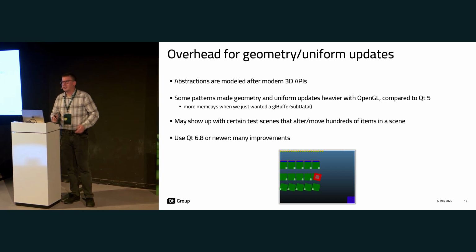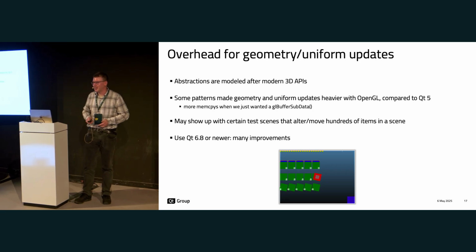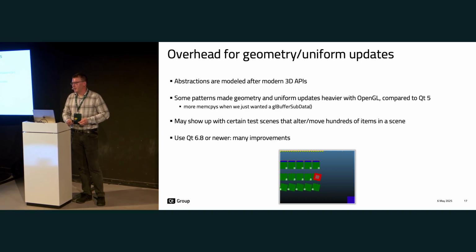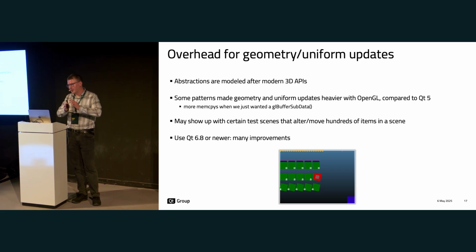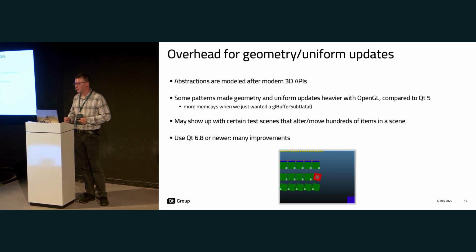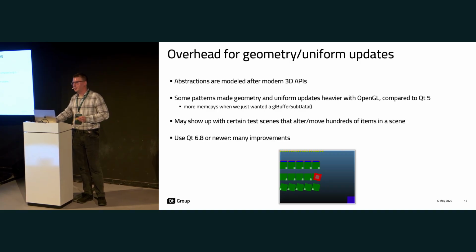The solutions involve making this path shorter while still keeping the whole abstraction architecture sane, so that we avoid doing so many copies. The behavior becomes a bit closer to what Qt5 could do simply because it was tied to OpenGL so much. So Qt 6.8 or newer.